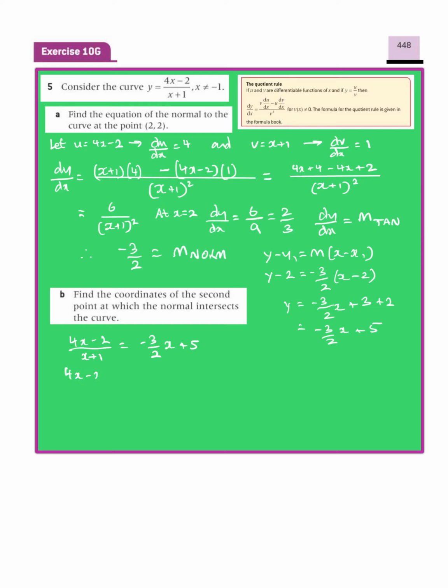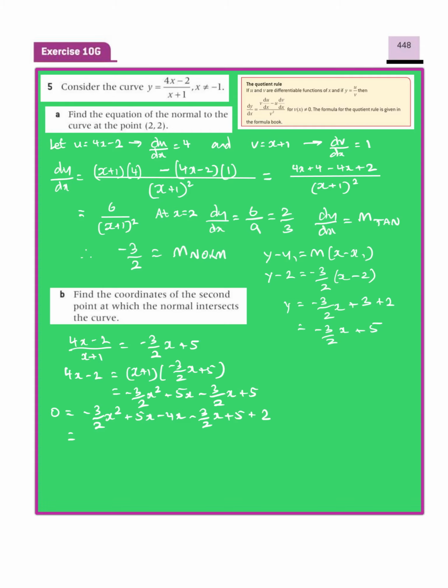So that would be 4x minus 2 equals (x plus 1) times (minus 3 on 2 x plus 5). That would be minus 3 on 2 x squared plus 5x minus 3 on 2 x plus 5. Okay, let's move everything to the right-hand side. 0 equals minus 3 on 2 x squared plus 5x minus 4x minus 3 on 2 x plus 5 plus 2.